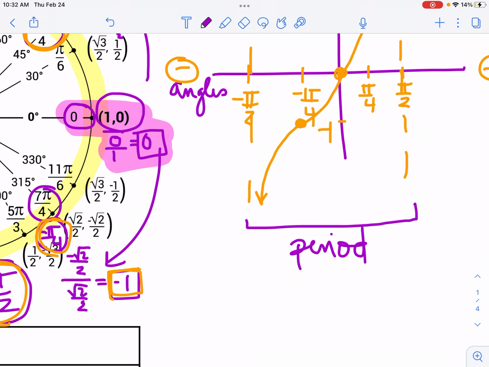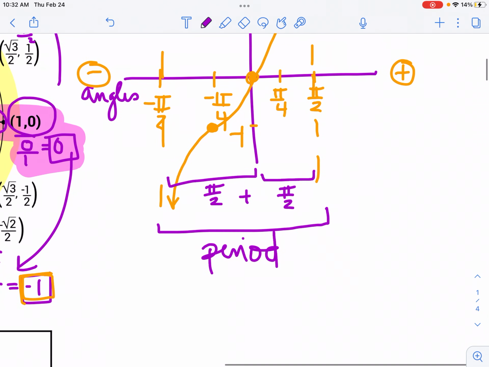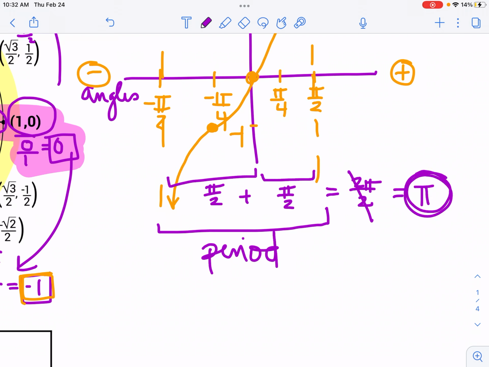So from here to here is 1 pi over 2, and from here to here is another pi over 2 distance. If you add these together, pi plus pi equals 2 pi over 2, those 2's cancel, and give us pi. So our standard tangent graph has a period of pi.